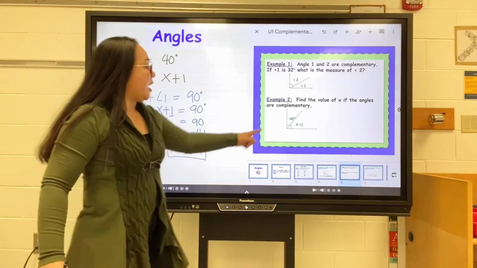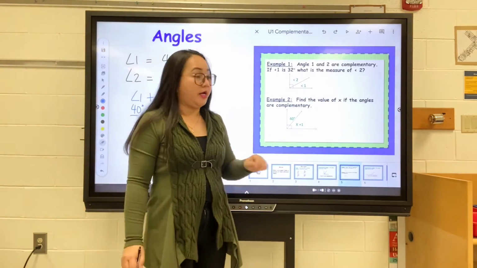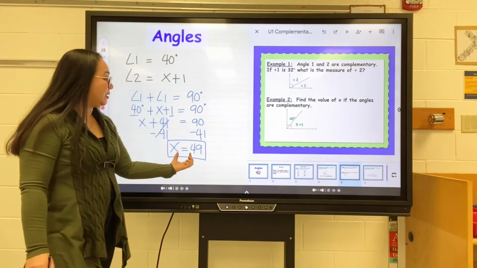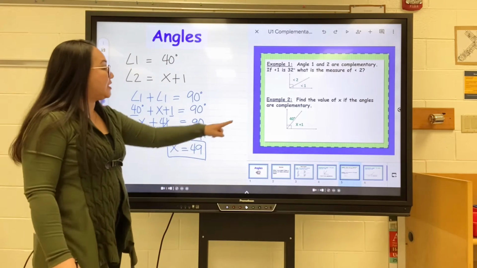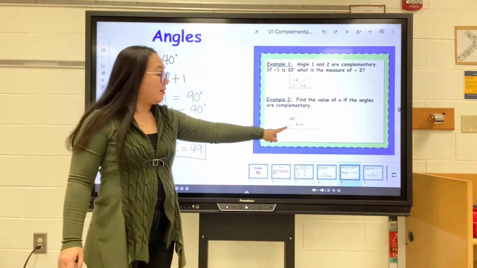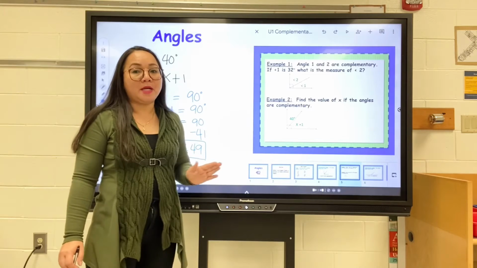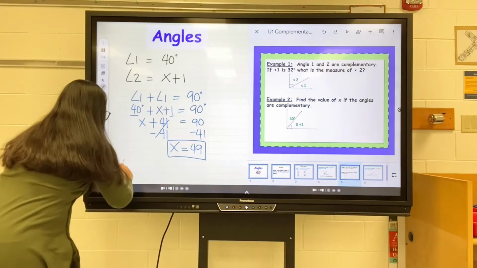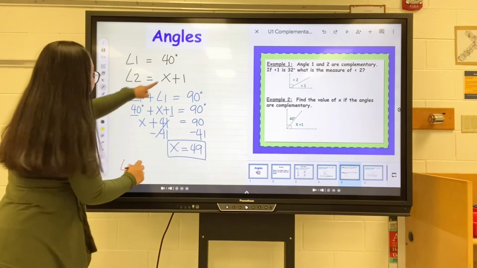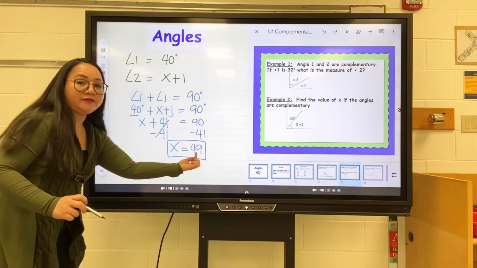Now here, find the value of x if the angles are complementary. So here, x is 49. Now, since it is x plus 1, that means we will add 49 to 1, which is the measure of angle 2. So angle 2 is x plus 1, and x is 49.